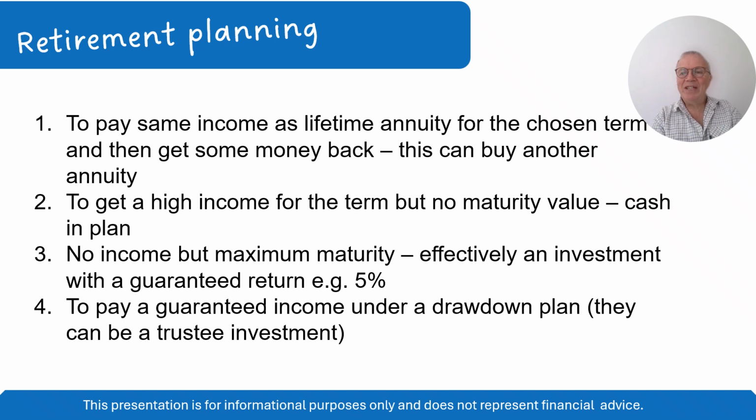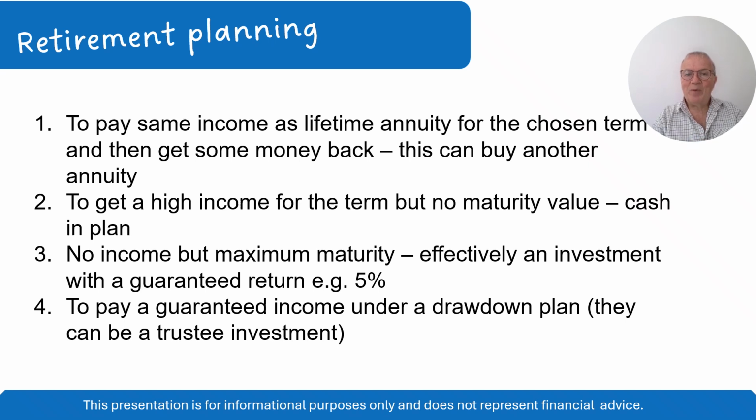At the end of the 5-year period or whatever term, you get some money back and you can use it to buy another annuity. Hopefully annuity rates may be higher, and if you've suffered any health issues, you can apply for an enhanced annuity. You can get a really high income but no maturity value. This is called a cash-in plan.